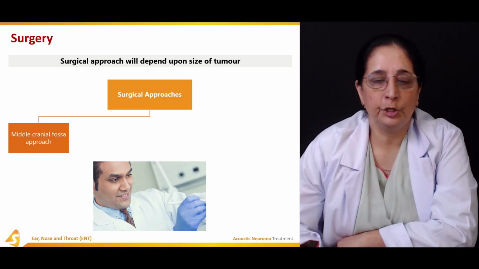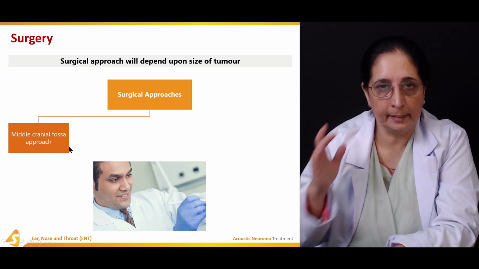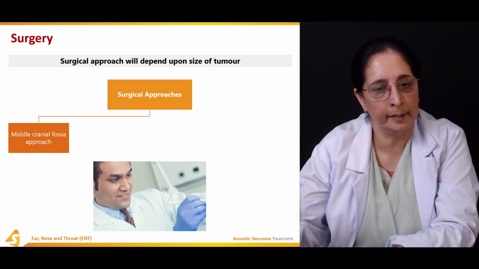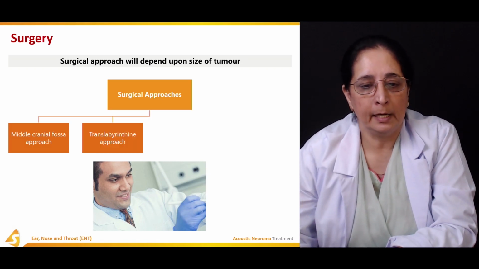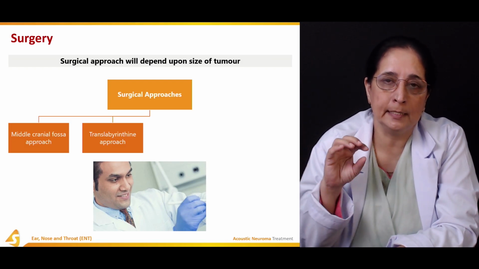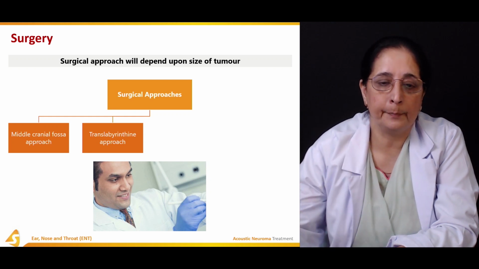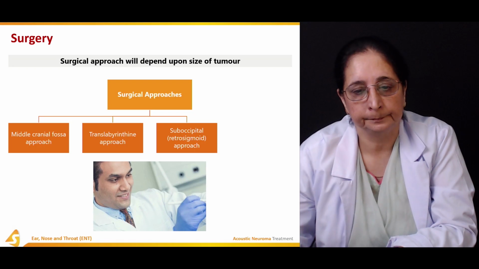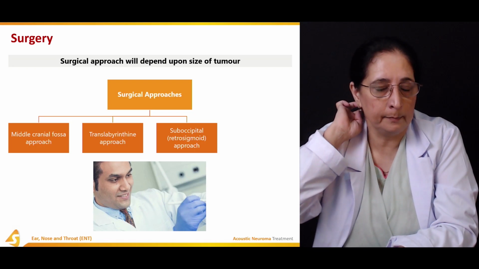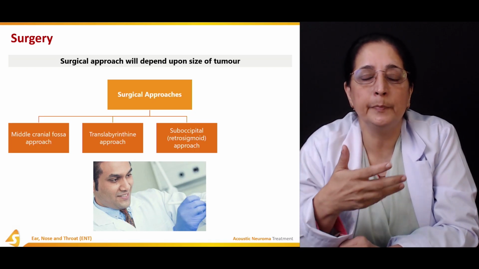Among the different approaches, we have the middle cranial fossa approach. Middle cranial fossa approach is through the skull in the middle cranial region. Then we have translabyrinthine. Trans means through; the labyrinth is the inner ear. So through the labyrinth we can approach the tumor also. Suboccipital: the occiput is the back portion of the skull, the occipital region.